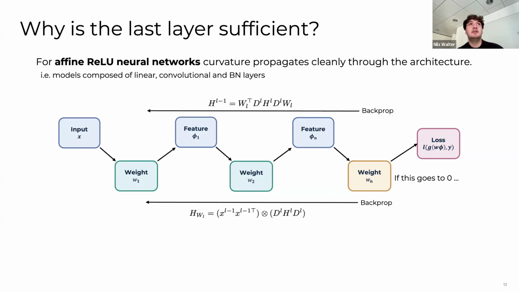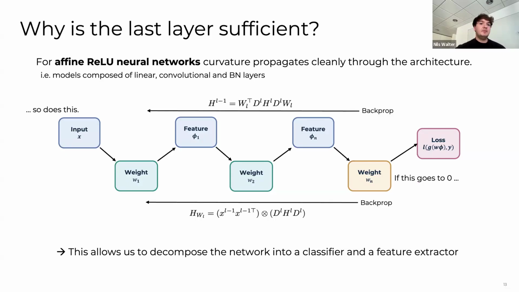Meaning if we can make this go to zero, also this becomes very flat, then this also is incredibly flat, like obviously only locally, but this is the argument why we can just look at the very last layer to make statements about the input layer, because the curvature, as soon as it's close to zero, is essentially everywhere the same, namely zero.